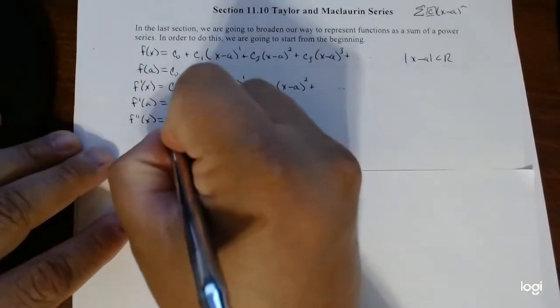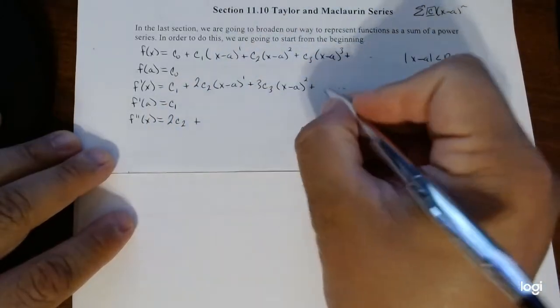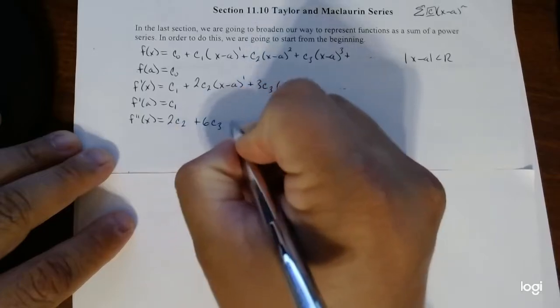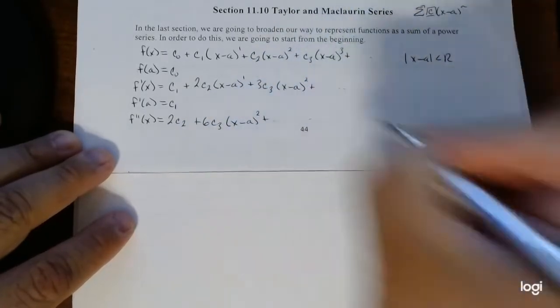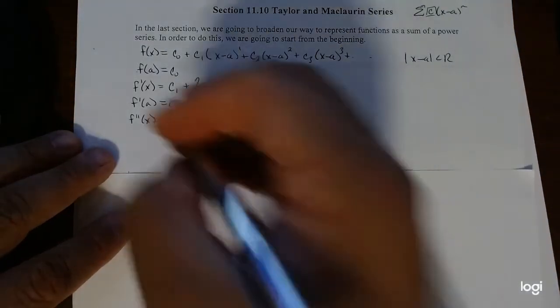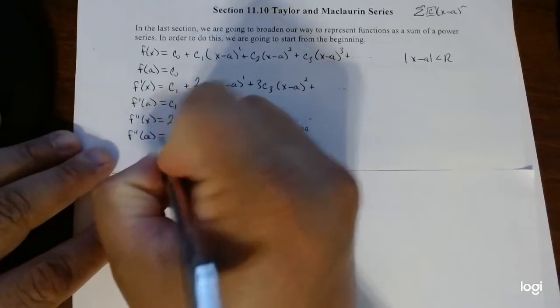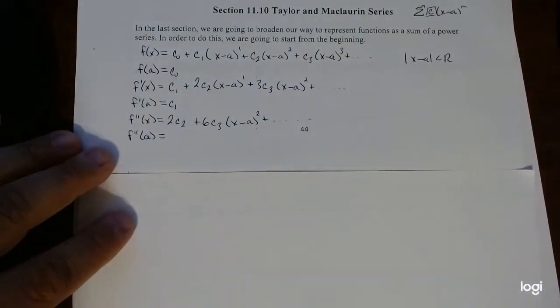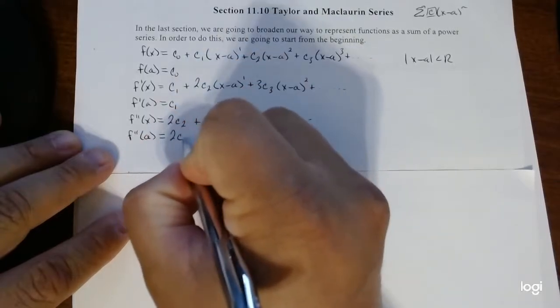Now this is going to be 2c2, and all of that goes away, plus 6c3 times x minus a to the second power. Again, we keep going with the same process. Plug in a for this value. Now notice, this changes a little bit. It's not just c0 or c1, it's actually 2c2 now.